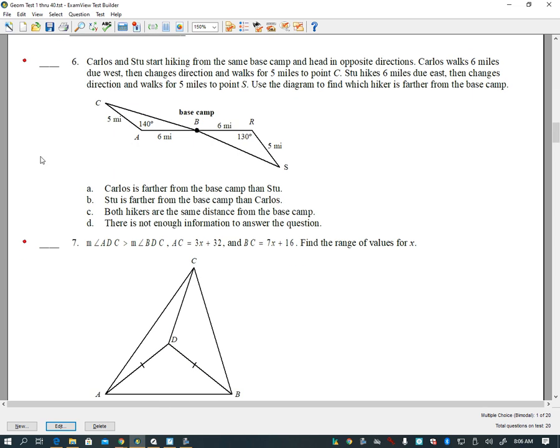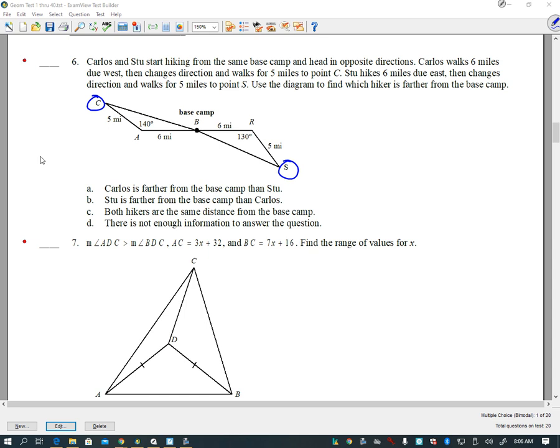Carlos and Stu start hiking from the same base camp and head in opposite directions. Carlos is here. Okay, Stu is here.